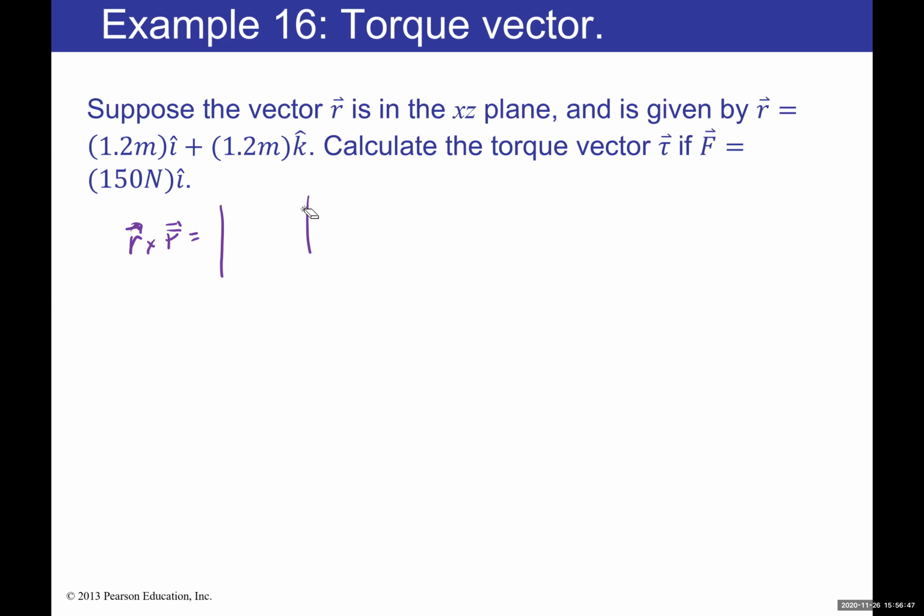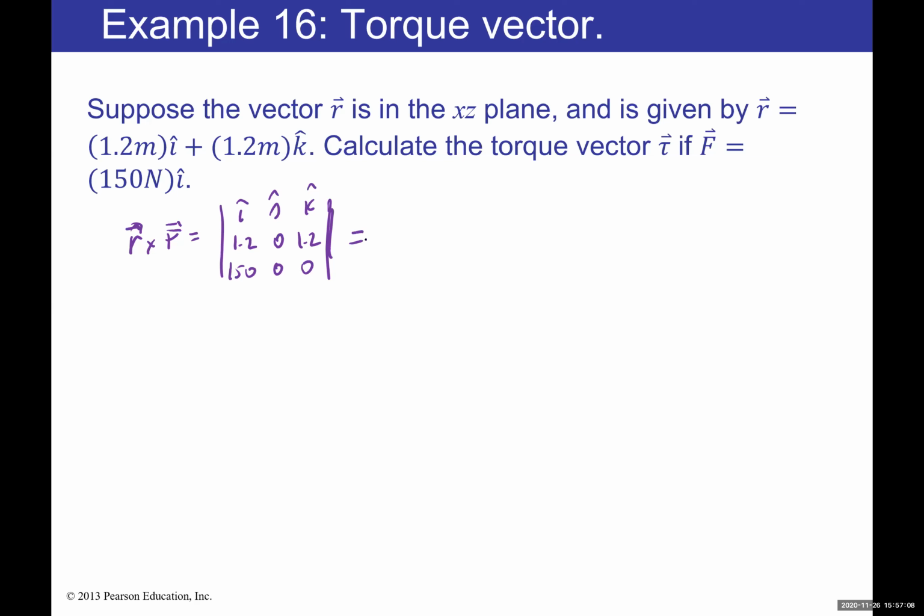equals, so then I have i hat, j hat, k hat, and then here I have 1.2, 0, and 1.2. And then for the force, I have 150, 0, 0. Okay.